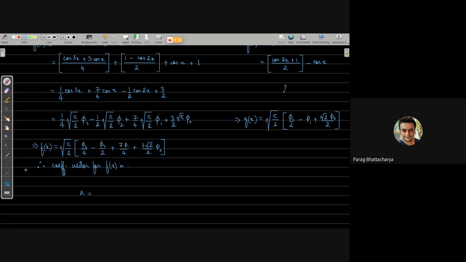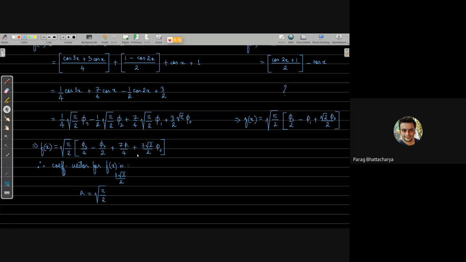This will be equal to root over pi by 2, and then these vector elements. So what are you multiplying with phi naught? First we'll have the coefficient of phi naught, which is 3 root 2 by 2.